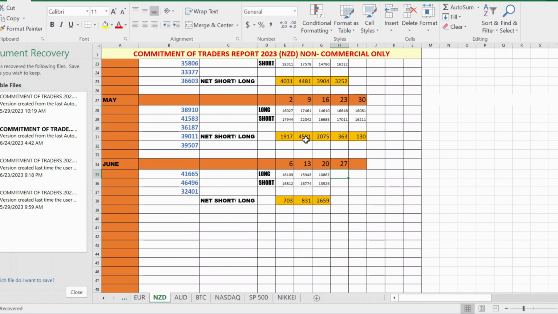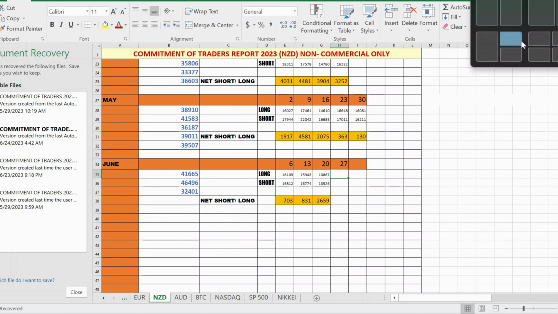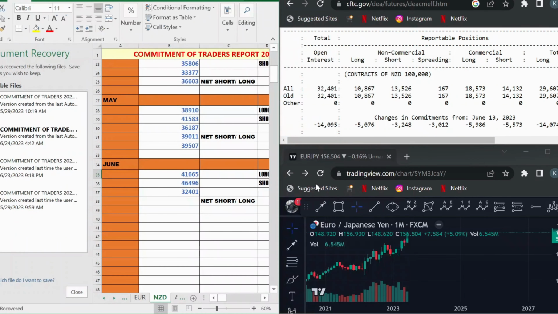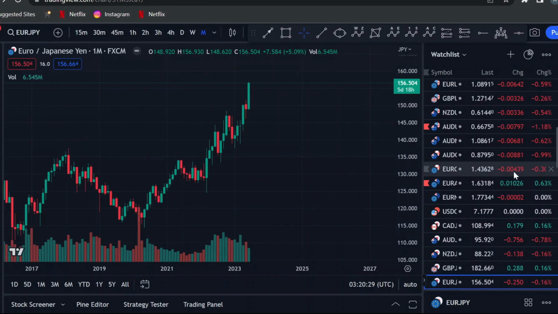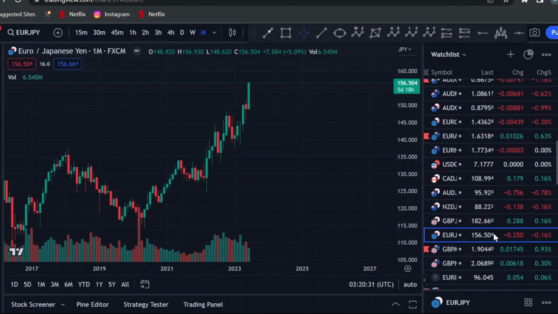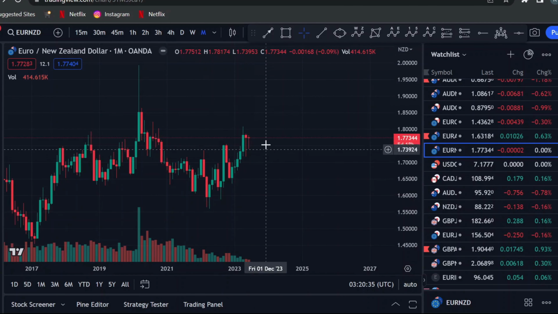So as you've seen, most of these New Zealand pairs, like the Euro NZD, see the market, they are buying the Euro and selling the New Zealand dollar.